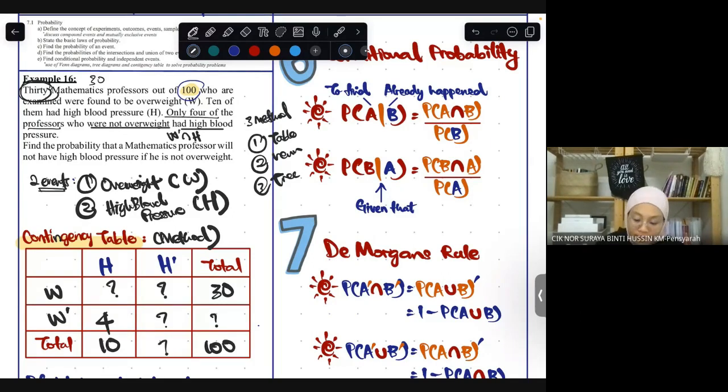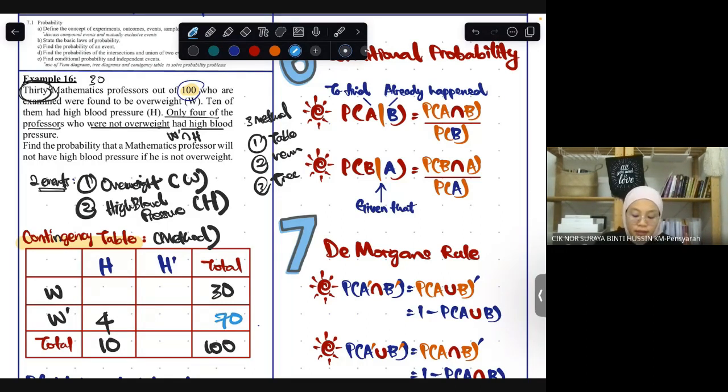Cara nak cari balance ini adalah daripada total sahaja. So that's why it will always be given to you the total, the total sample space, which is the number of the total professor lah. And then so daripada 30 orang overweight tadi, yang tak ada overweight adalah balance-nya berapa? 70. Tadi seperti kita bincang lah, 70.